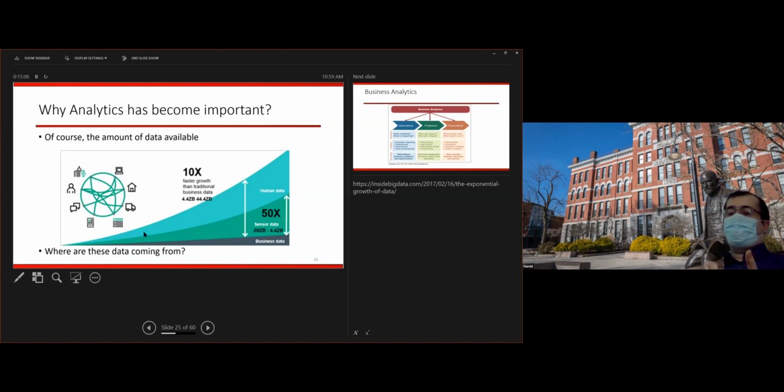So what makes analytics so important? Why are there so many majors? It could be data science, business analytics, even MBA, statistics, even somehow computer science. There are so many majors, and why do you pay a lot of time and money to learn these topics? The answer is that it is growing so fast, and that it is very valuable.